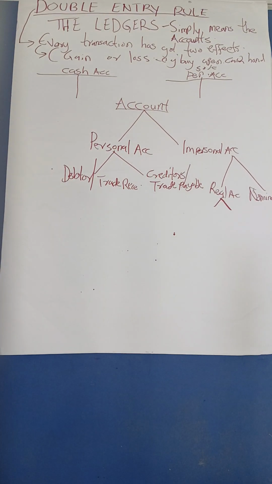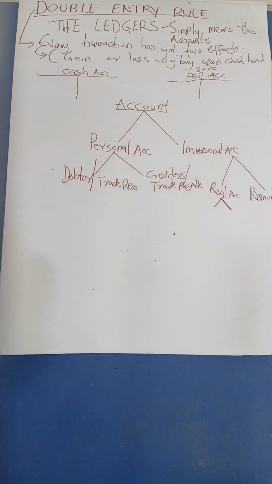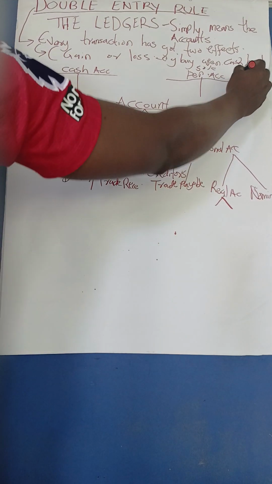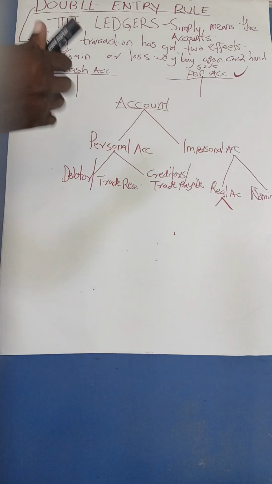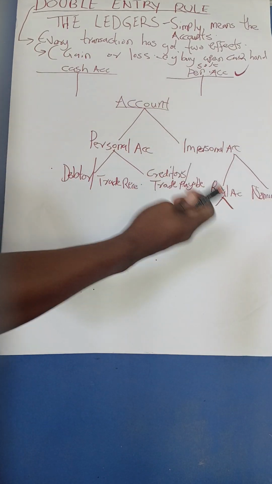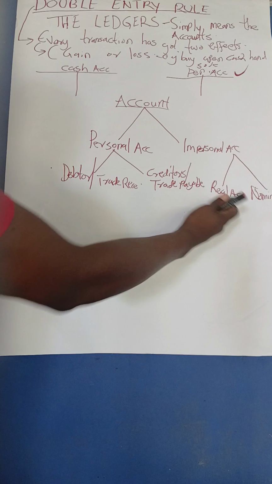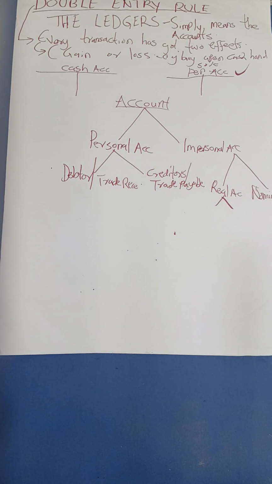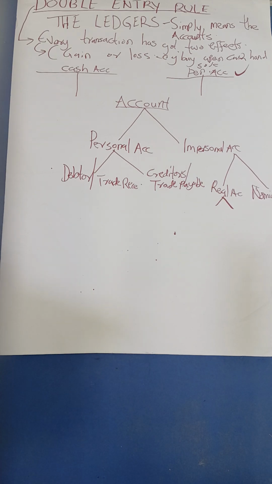We are going to have motor vehicle account, fixtures account, like this one, pen account. I can see, I can touch the pen, I can feel it. That is all about the fixed assets and all that. So that is under real accounts, things that we can see.